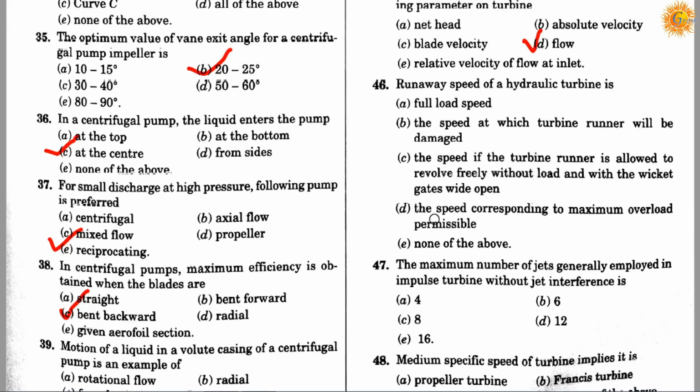Option D is the speed corresponding to maximum overload permissible, and option E is none of the above. Correct answer is C. Runaway speed of hydraulic turbine is the speed if the turbine runner is allowed to revolve freely without load and with the wicket gates wide open.